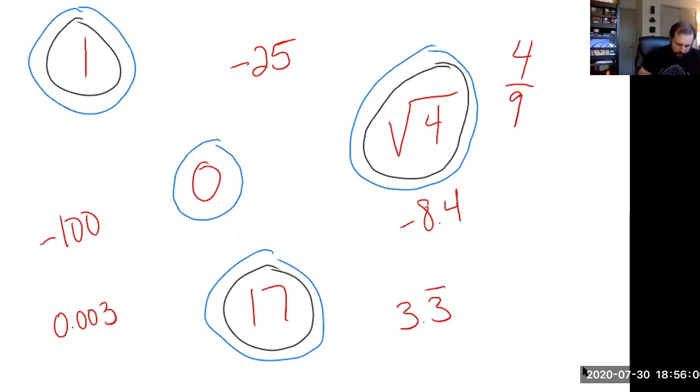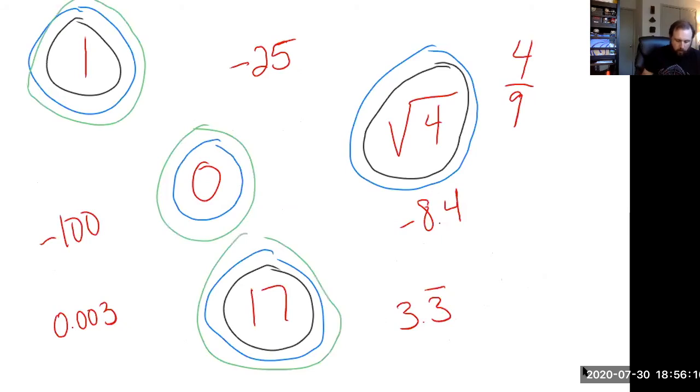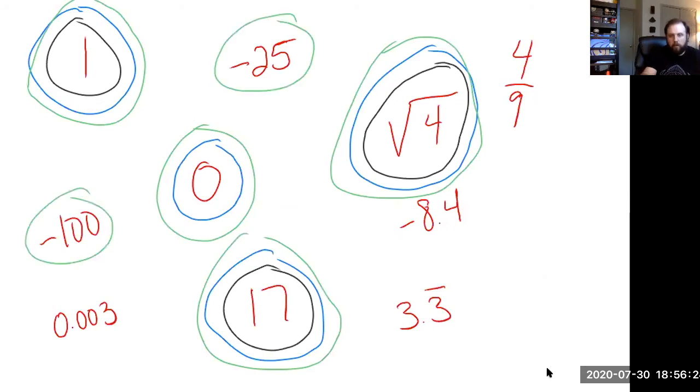Now I've got my integers next. So that again includes 1, 0, 17, square root of 4. And now I'm going to add in my negative whole numbers. So negative 25 and negative 100.